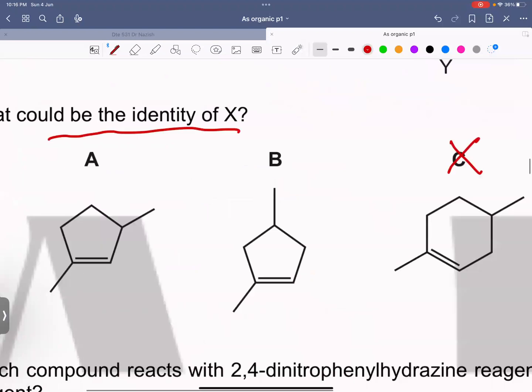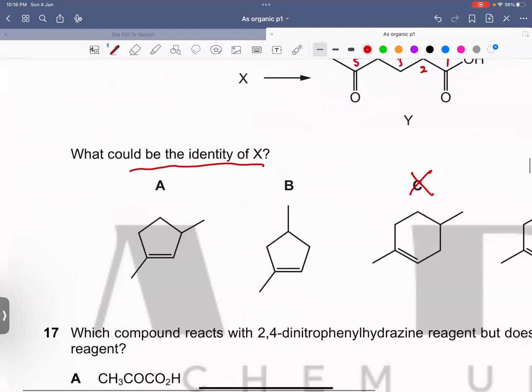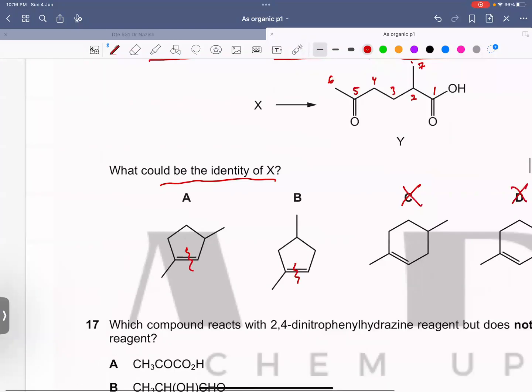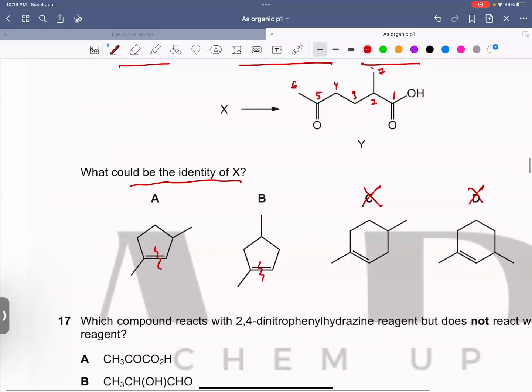Now look at A and B. If I break A from here by oxidation, and I break B from here by oxidation, see, this converts into carboxylic acid in both cases.